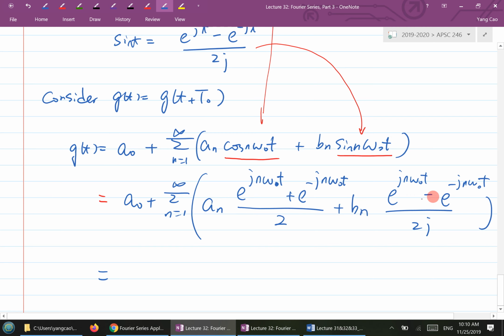Now you look at what's in the bracket. So you have e to the power of j n omega naught t and e to the power of negative j n omega naught t. So I'm going to group similar terms.